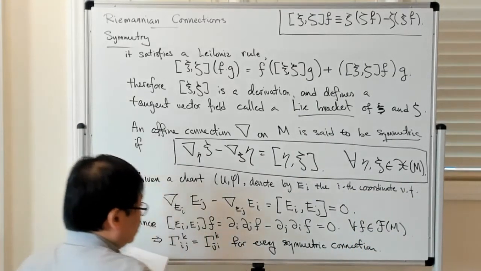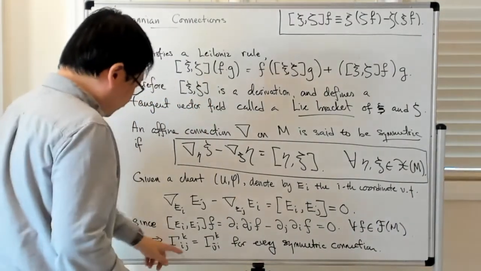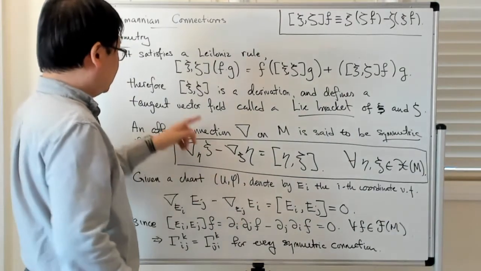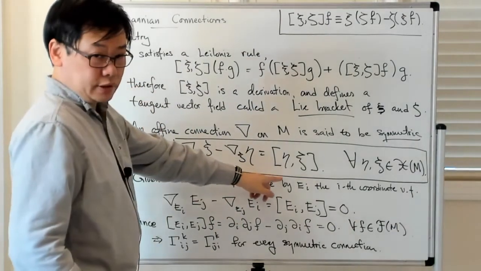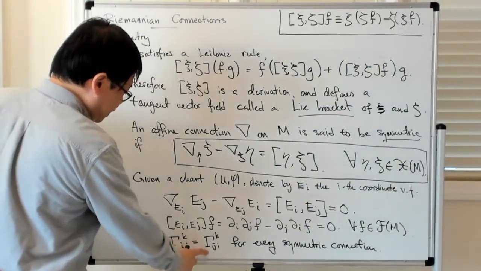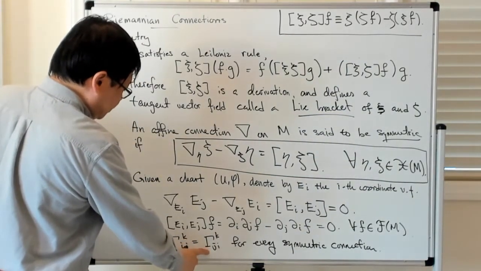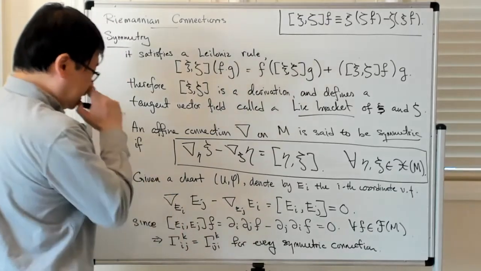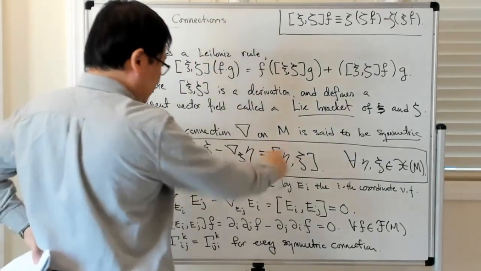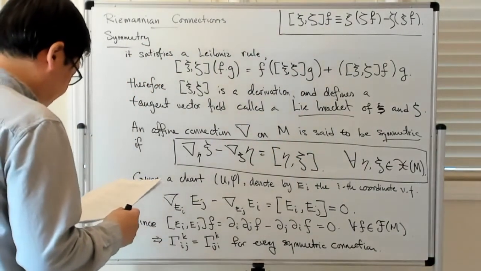And then it's easy to show that if you start with this property, you would have this condition. Conversely, if you start with the property that these Christoffel symbols are symmetric, then when you expand this thing in coordinates, you will get exactly the property you need.